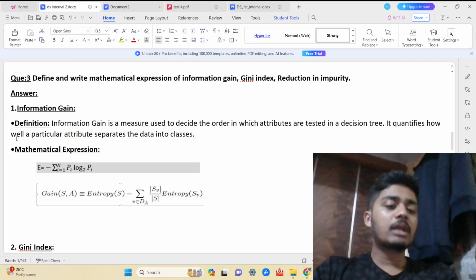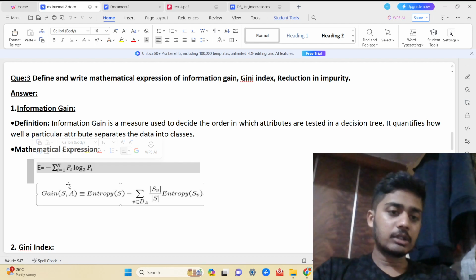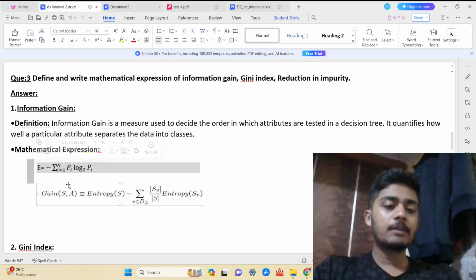The mathematical expressions are like this: E equals minus sigma i equals 1 to n of Pi, the probability, times log base 2 of Pi, that is entropy. And Gain(S, A) is like this.